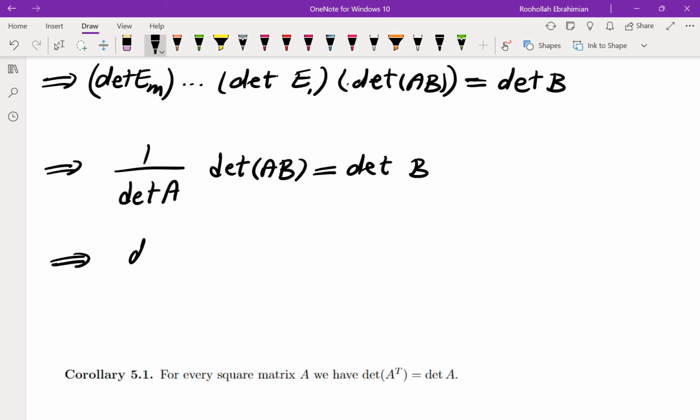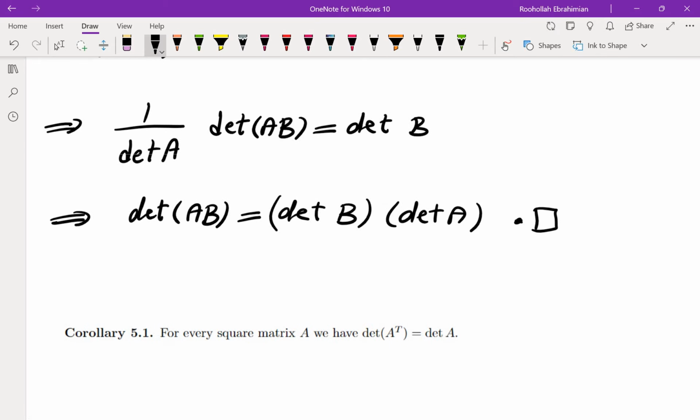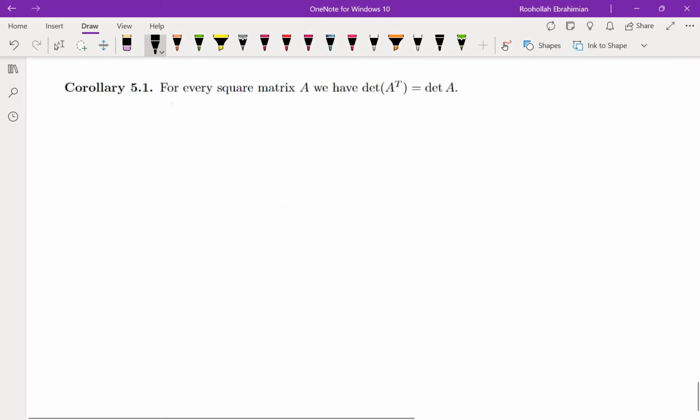It means the determinant of AB is equal to the determinant of B times the determinant of A, which is exactly what we wanted to show. This is a very important theorem in the study of determinants.